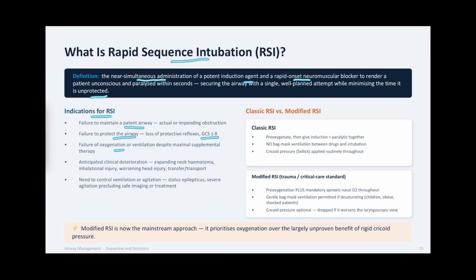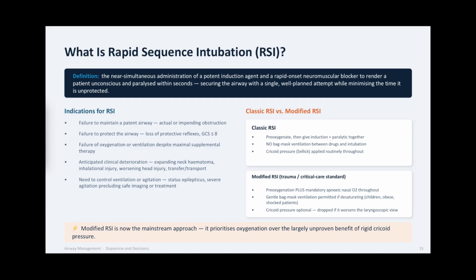The third is failure of oxygenation or ventilation despite maximal non-invasive support. And finally, you anticipate a clinical deterioration in patients. Examples include expanding large neck hematoma, inhalational injury, worsening head injury, or a patient needing transfer or transport across cities. Don't wait until the patient arrests. If airway compromise is inevitable, secure the airway while you still have time to prepare.